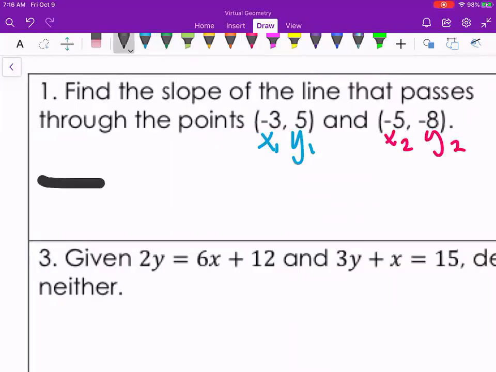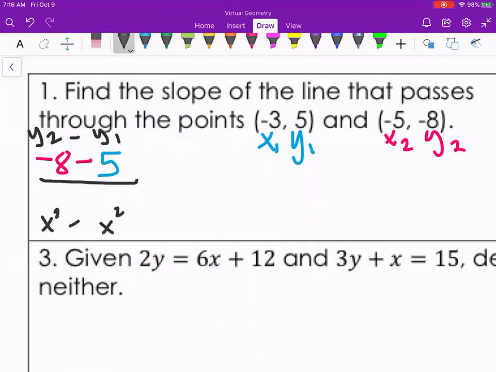And to find our slope, we start off with y2, so that is our -8 minus y1, which is a 5. And then we do the same pattern for the bottom, x2 minus x1, so that is a -5 minus a -3. And let's see what we get.